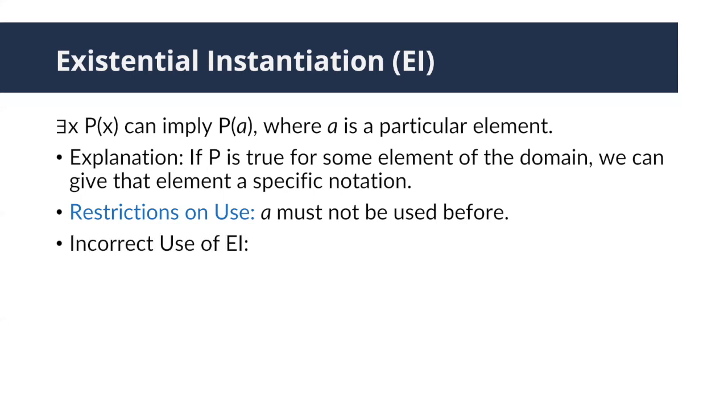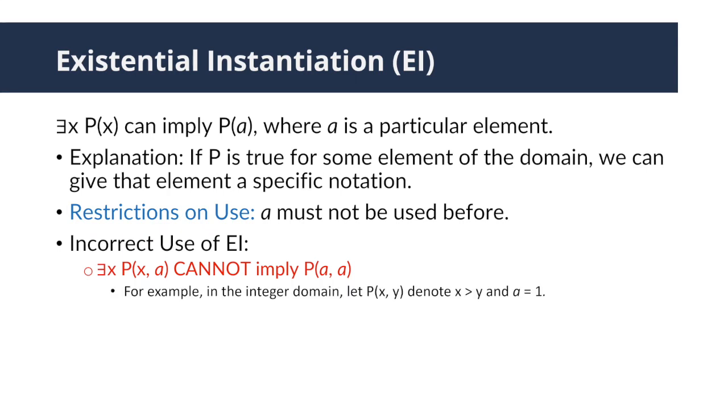Let's see one incorrect use of this rule to understand better. There exists x, P(x,a) cannot imply P(a,a). Why? For example, if the domain is the integer domain, and we use P(x,y) to denote x is greater than y, and a is equal to 1.